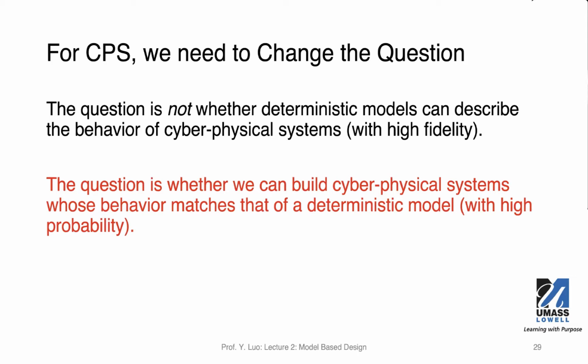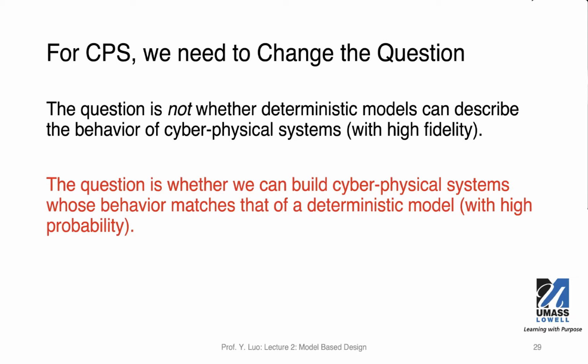Again, we start with a model, which in most cases is designed and captured as a deterministic model. Given the input and given the state, we know exactly what the next state is going to be. And from this given model, we will design our cyber-physical system. Or in other words, we're going to build this embedded system with computation, with networking, with sensors, and with actuators, so that this system has the behavior that matches the model we start with.